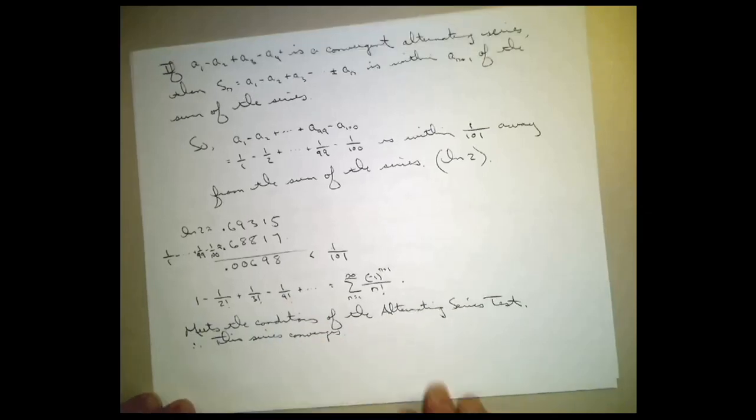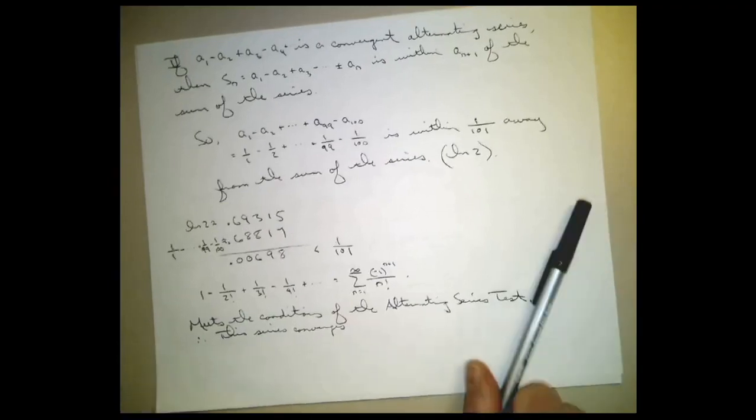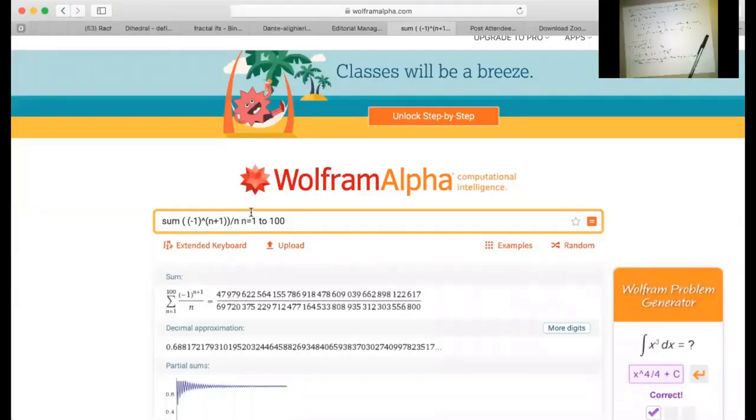Let's estimate. So tell you what, let's go back to Wolfram Alpha again, and let's evaluate these. Let's see. So if I went all the way to 100, that's going to give me a little bit too much information right now.